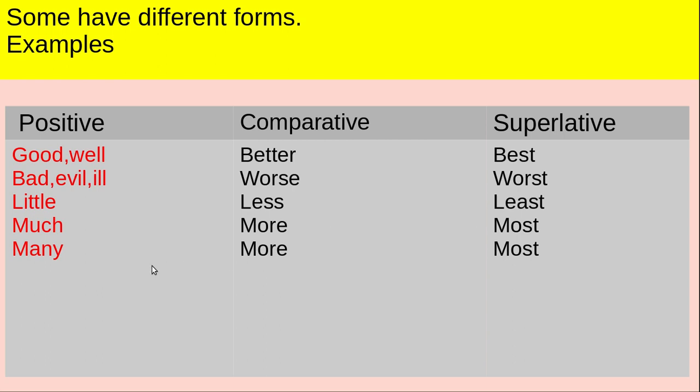Little, less, least. Much is used with uncountable nouns: more, most. With countables, many, more, most. Okay, yes, I have mentioned all the different ways of forming these degrees. You have to see it again and again till you are sure that you have understood it.